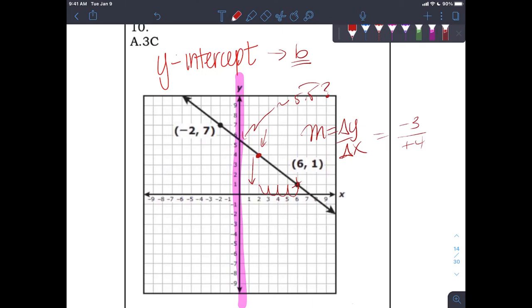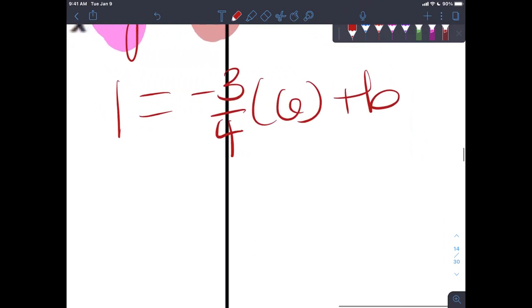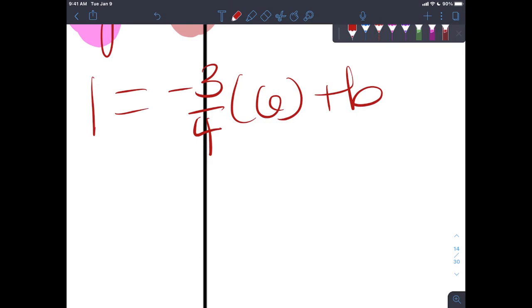Now I can take my slope as well as either one of these points, plug it into y equals mx plus b, and solve for my b value. So I'll go ahead and say y equals mx plus b. I need an x value, and I'm choosing these because they're the easier numbers to deal with. My y value, as well as my slope. Now, of course, I can verify my b value by running an insolve, and I'll use that to check my answer in just a moment.